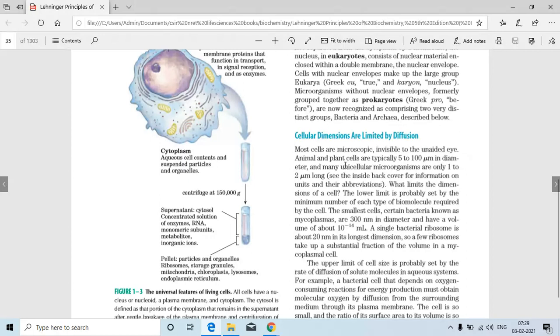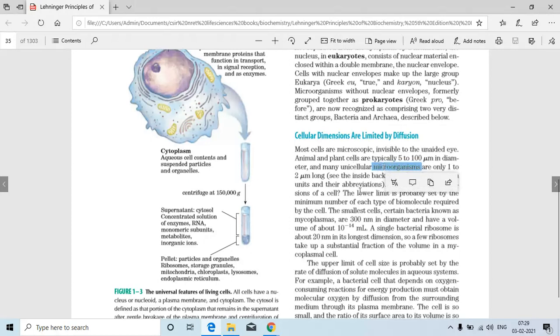Animal and plant cells are generally 5 to 100 micrometers in diameter.